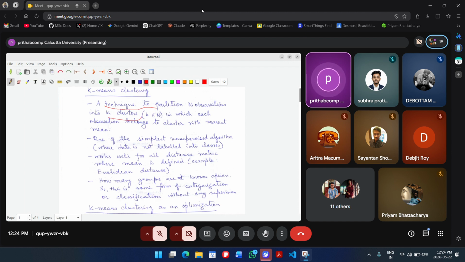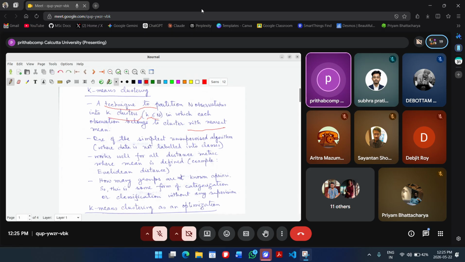Unsupervised classification we typically call clustering methods, where the number of classes is less than or equal to n, and each observation belongs to the cluster with the nearest mean.